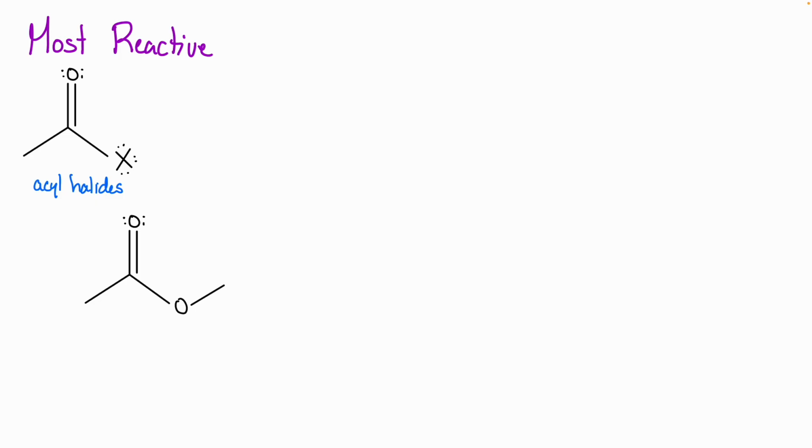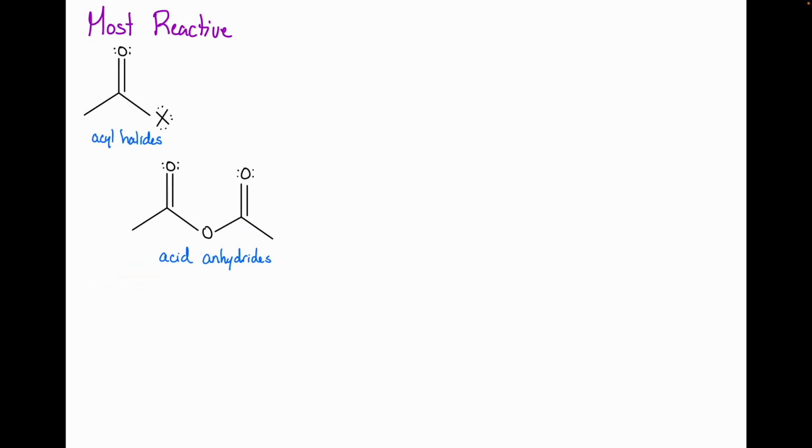All right, so that's that oxygen that's sandwiched between those two carbonyl groups. All right, since these are less reactive than acyl halides, I can convert my acyl halide into an acid anhydride. I can't go the other way. All right, and we'll talk about how we do that here in a second.